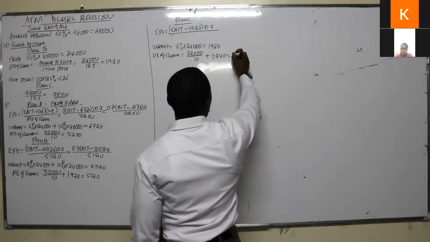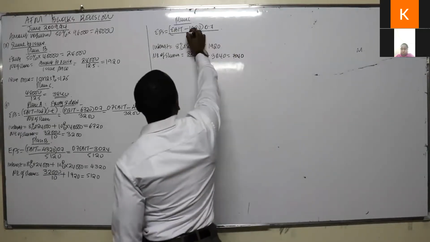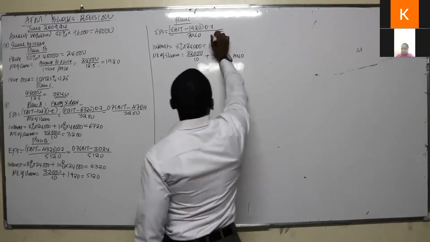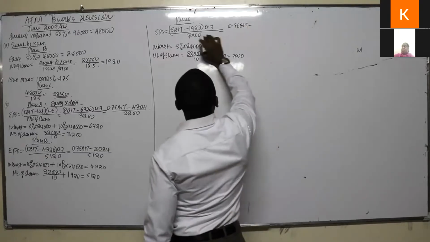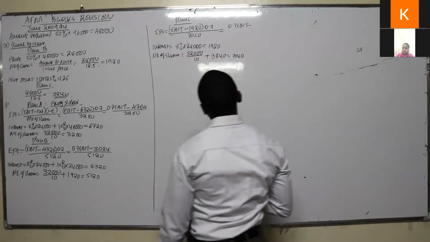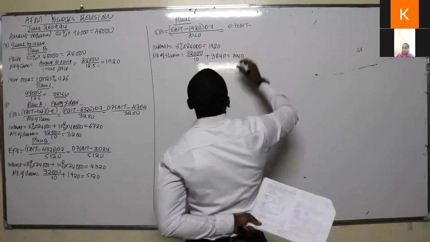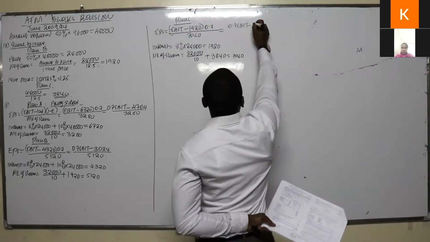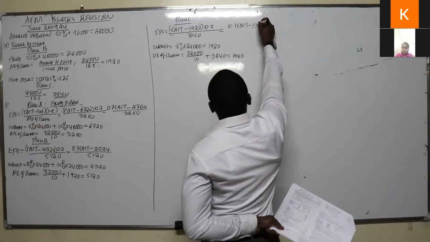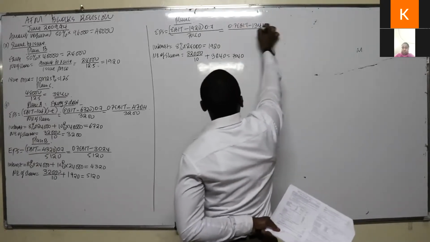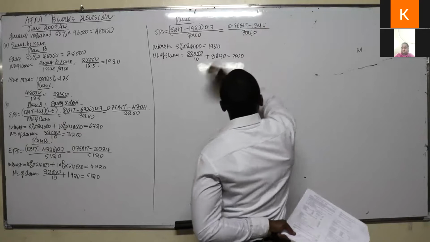That's 7040. So 0.7 EBIT, you get 0.7 EBIT. 19.20, you multiply by 0.7. 13.44. Then you divide by 7040.